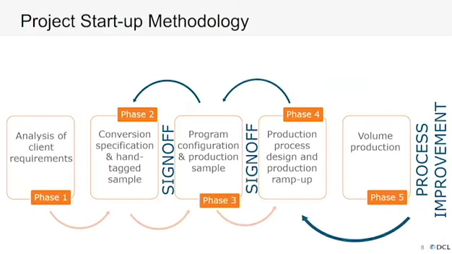So this slide shows exactly what I was talking about, especially phases 1 and 2. During the analysis, phase 1, you should create the conversion specification after you analyze enough data and develop a project-specific business rule and a hand tag sample. You should definitely walk through the conversion specification with the sample data with all the stakeholders to make sure everybody understands the rule and sees what the data will look like.